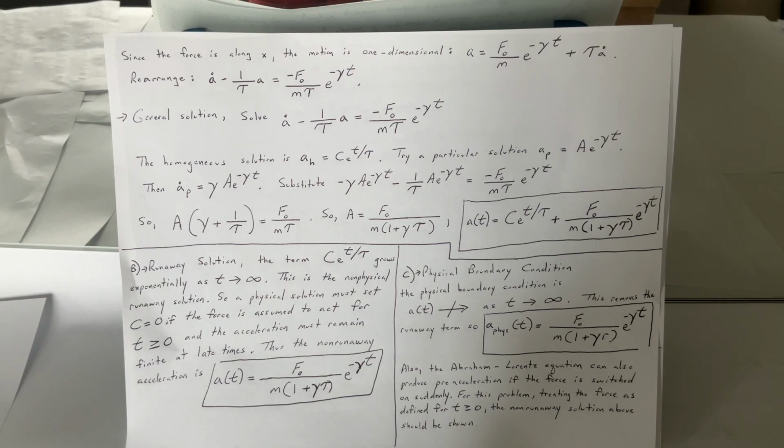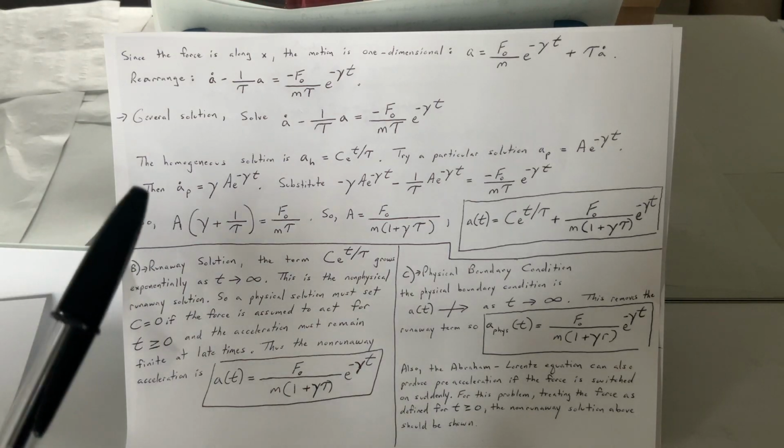So for the general solution, we want to solve ȧ - (1/τ)a = -F_0/(mτ) e^(-γt). The homogeneous solution is a_h = C e^(t/τ). And try a particular solution, a_p = A e^(-γt).